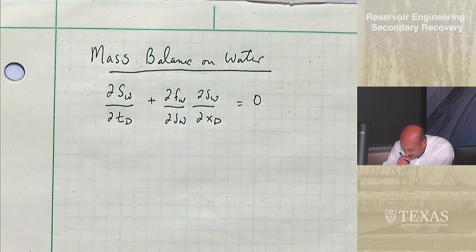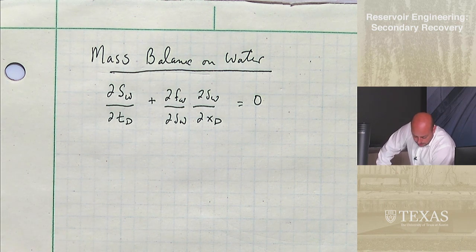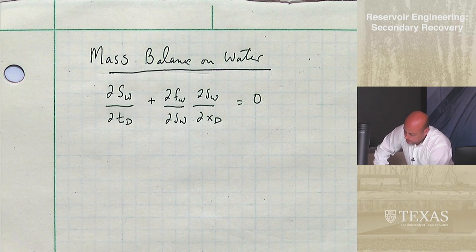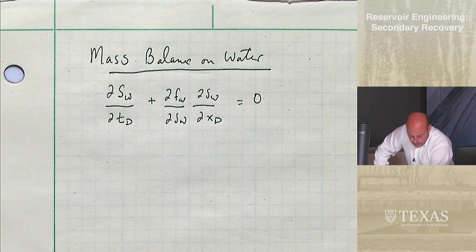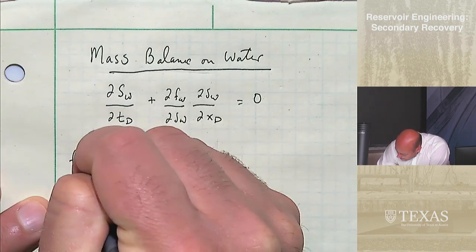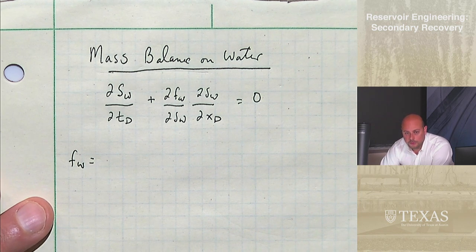And we have a fractional flow equation that is very general and includes gravity and capillary pressure. With a couple of exceptions, we've mostly been dealing with fractional flow curves that were not including gravity or capillary pressure. Let's look at what FW is with capillary pressure, and just to keep it simple, we'll do without gravity.